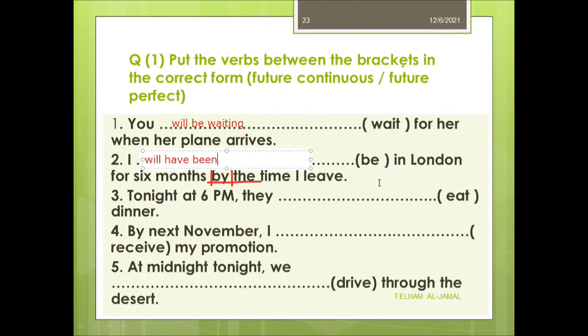Okay. Tonight at 6 p.m. is a certain time in the future, so here I want to write the future continuous: will be eating. Number 4, by next November. As you see, next, by here we used perfect: will have received.